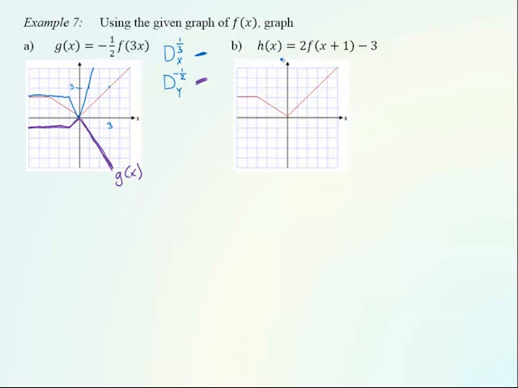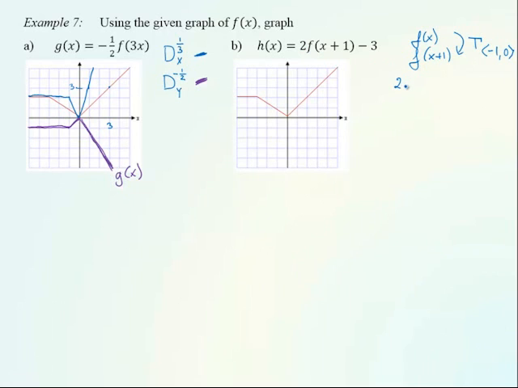Okay, let's do the same for function h. If we start with f of x, then the next closer function will be f of x plus 1. And to reach this graph, we apply translation by the vector -1, 0. So one step to the left. Then we can multiply by 2.